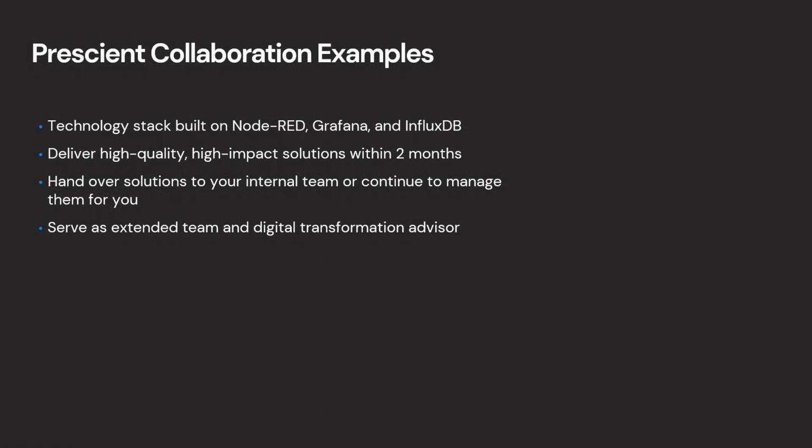And finally, we do serve as the extended team to many of our customers. I think for pretty much every customer we work with, we continue to work with them because once they see our speed, our quality, they trust us. They trust us to continue to help them with projects when they're bandwidth limited, which is almost always the case, right?